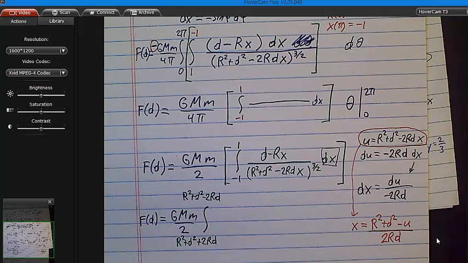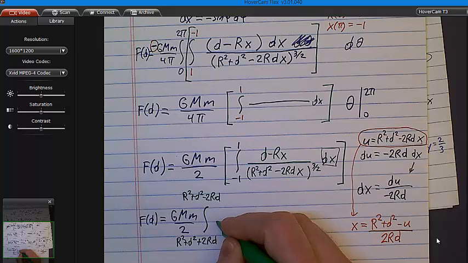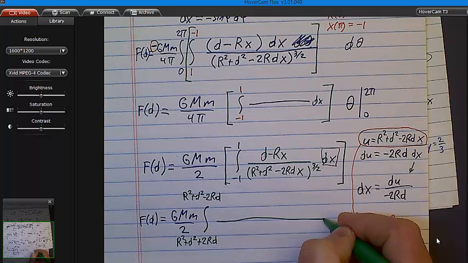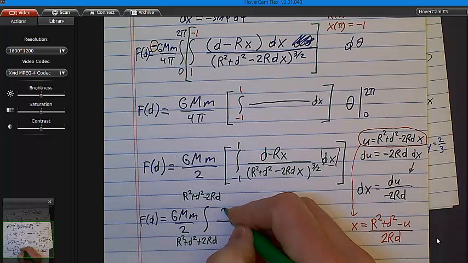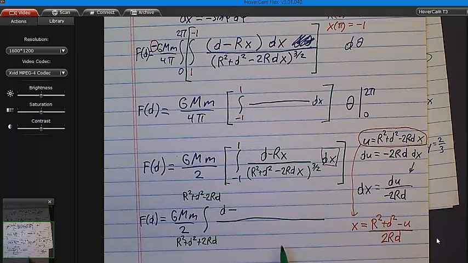So let's throw some things in now. Well, the numerator is going to be d minus a big mess, is that right? Let's see, the numerator is going to be d minus, now it's r times this mess, right guys? Well, the r is going to cancel with that r.